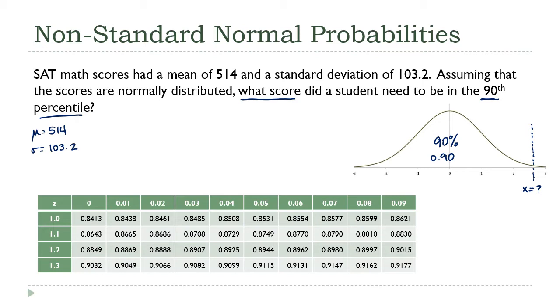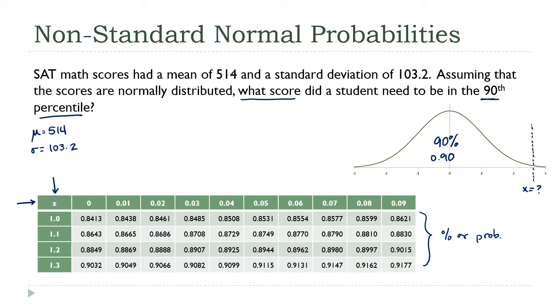The numbers in this outer column and the upper row, remember, those are the data values. The numbers in the body of the table are the percentages or the probabilities. I was given a percentage, so I'm going to go to the percentage section of the table, that's the body here, and I'm looking for 0.90.